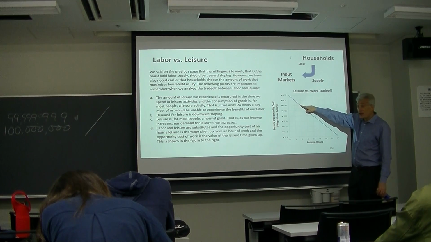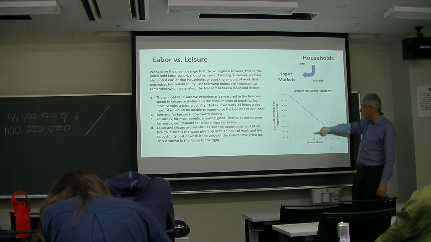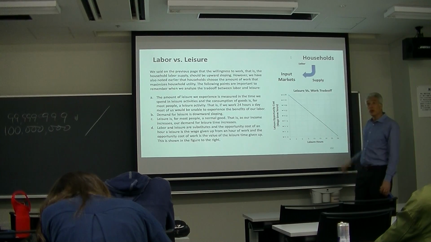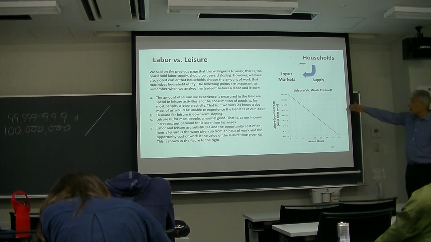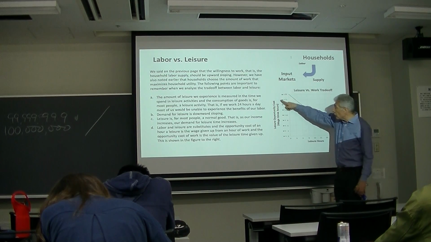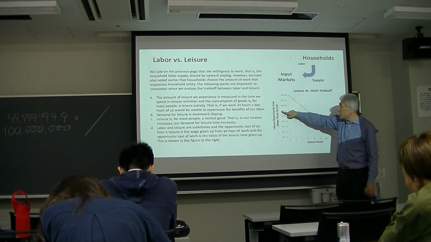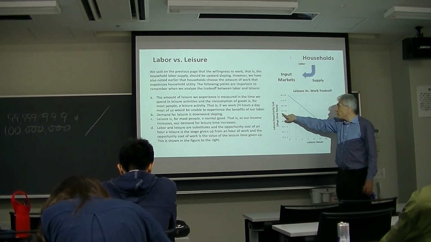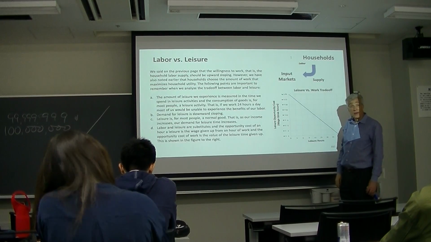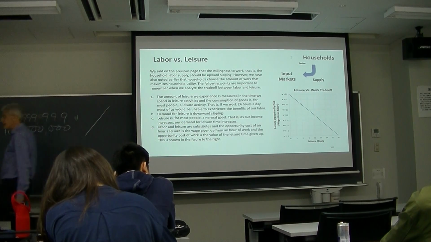So that's kind of the minimum. But this is your combination, 12 and 12. You see everything along the blue line adds up to 24. So that's our choices, our trade-off, and the opportunity cost of an hour of leisure here is the wage times 15 hours. That's the value of the wage for working 15 hours. So that's the basic trade-off.